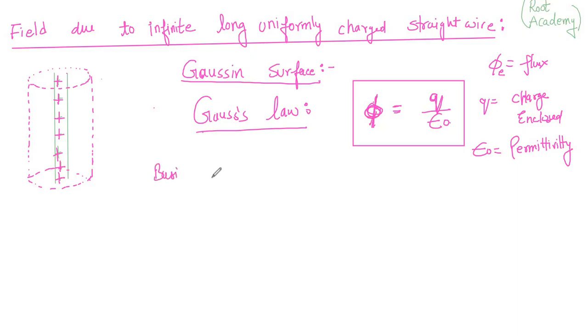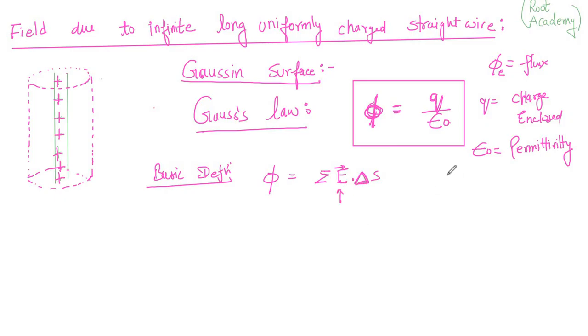By the basic definition, phi is nothing but sigma E del S. This is the basic formula, the product of the electric field intensity and the total surface area.